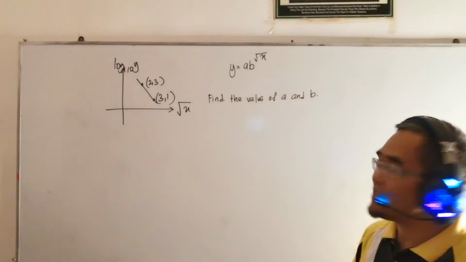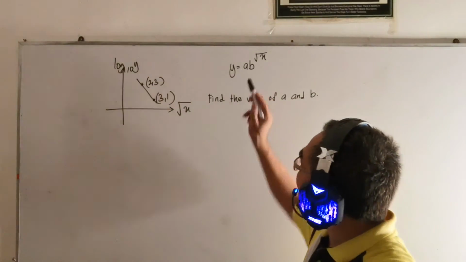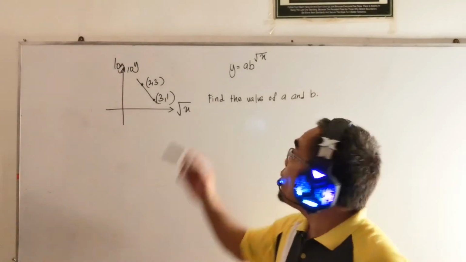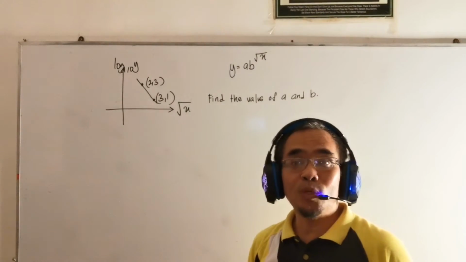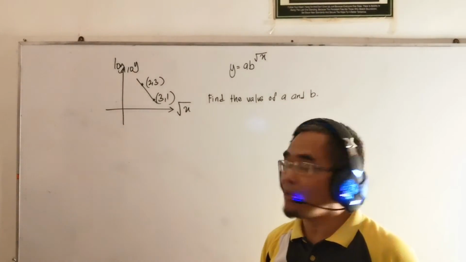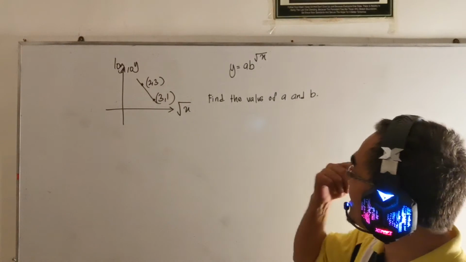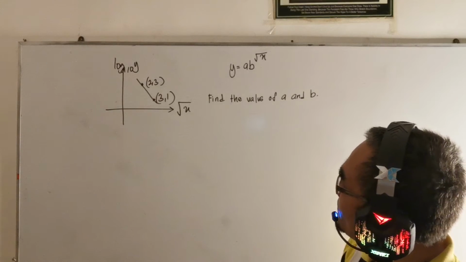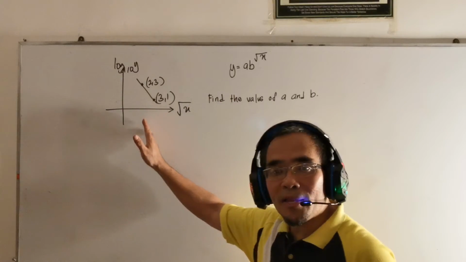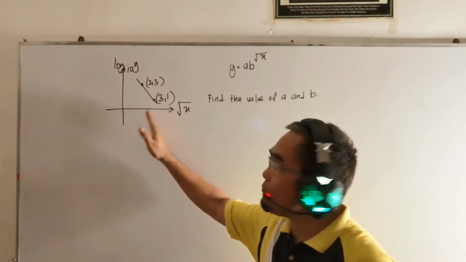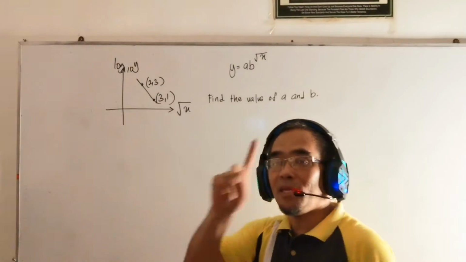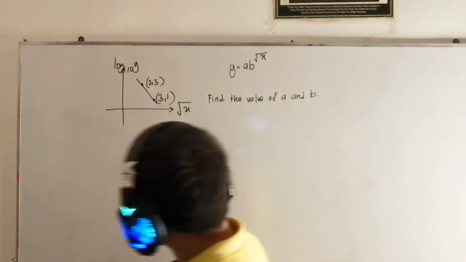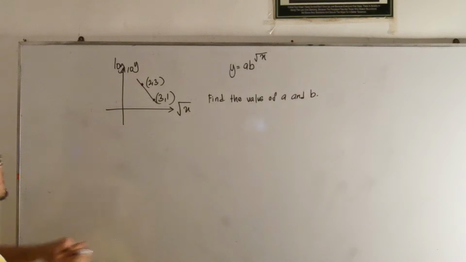But the equation is y equals ab to the power of square root of x. This is the second type that I mentioned to you. What we have to do here is find the equation of this straight line. That is one of the things. So let's do it together.